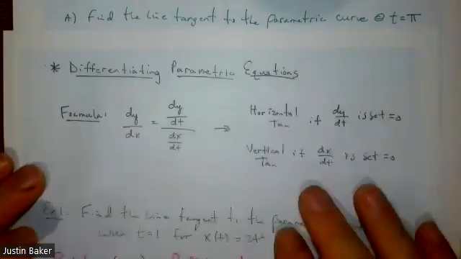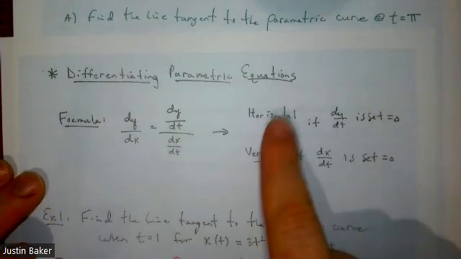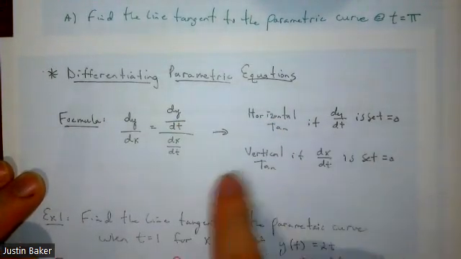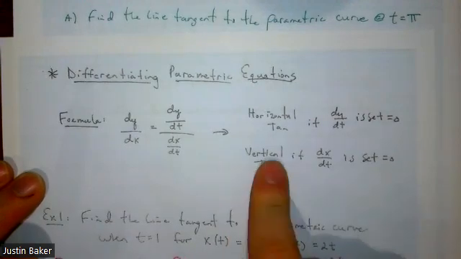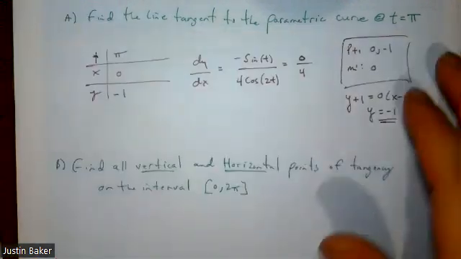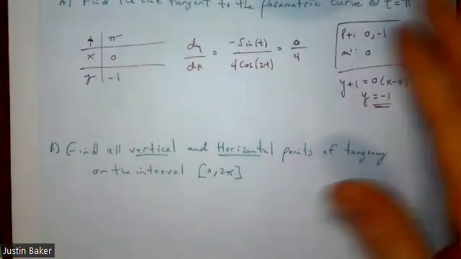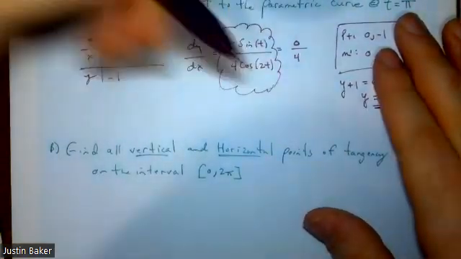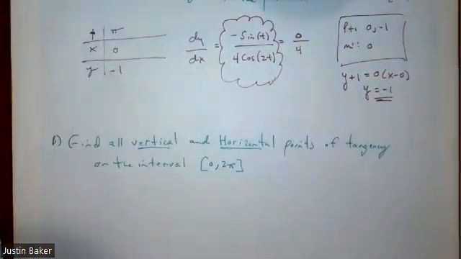Back to our original definition, it's a horizontal tangent if you set the top of the derivative to 0. It's a vertical tangent if you set the bottom of that derivative to 0. And we have the derivative right here. All right, so locate any vertical and horizontal tangents for me, and we'll talk in a couple minutes.